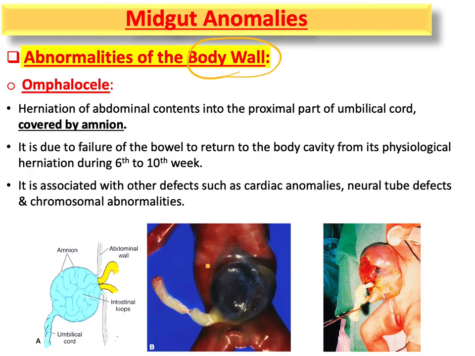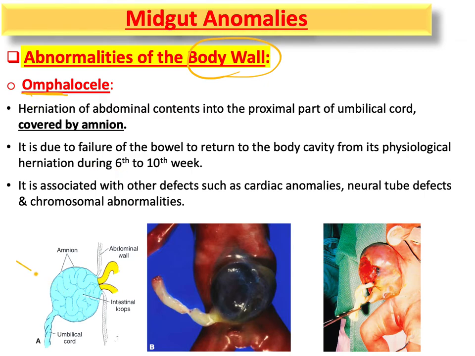You remember this word omphalo, it is equal to vitelline, right? Vitelline duct, or if you remember, omphaloenteric duct. Anyway, omphalocele means there is a sac outside in the umbilical cord.